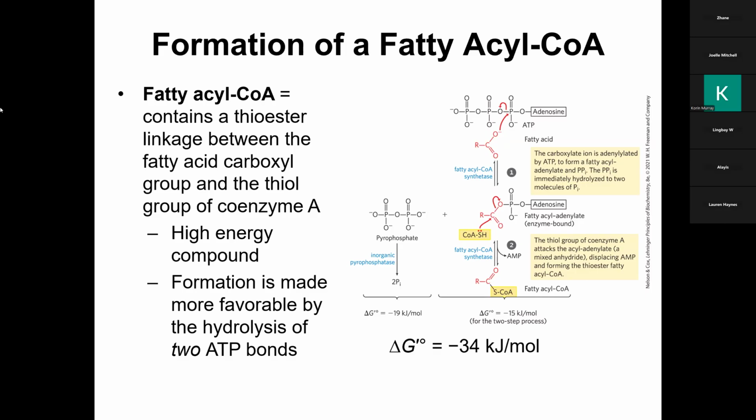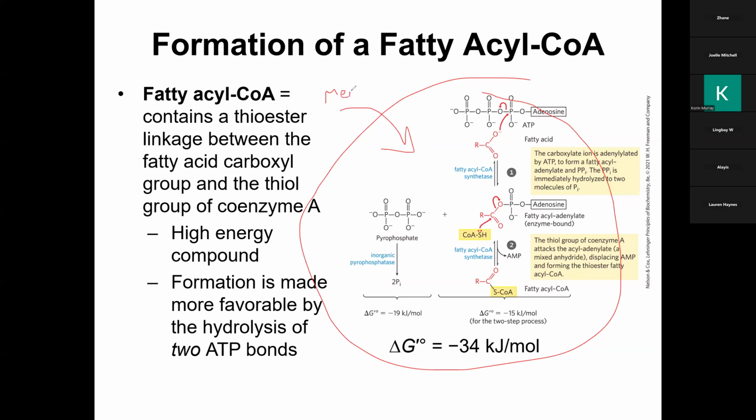At this point it's on the outer mitochondrial membrane, but you then need to transport it into the matrix, because the matrix is where it gets burned by beta oxidation.